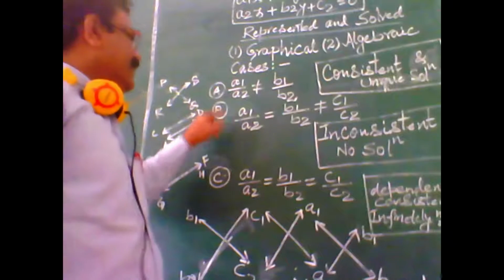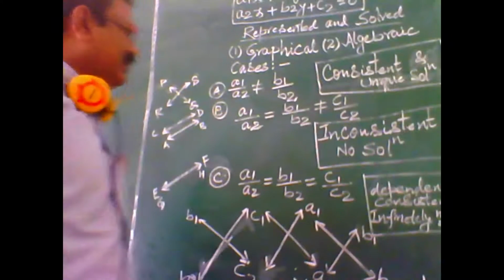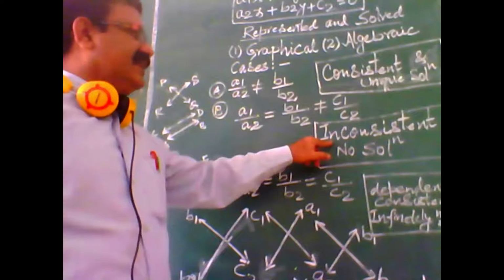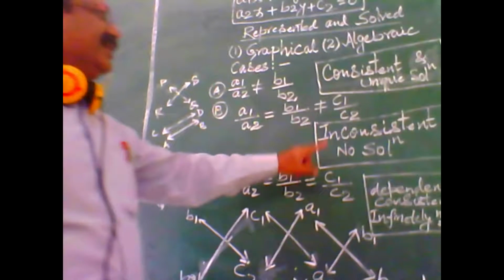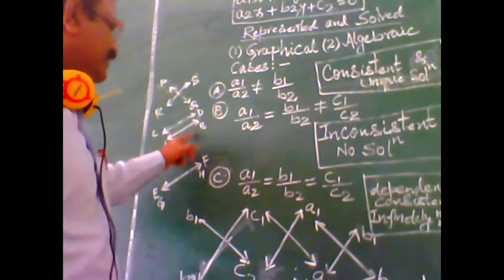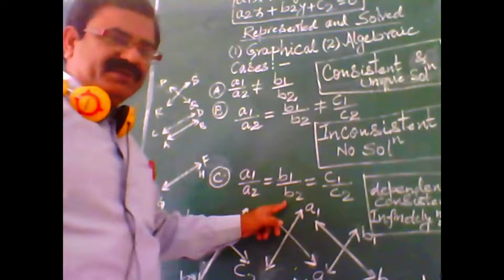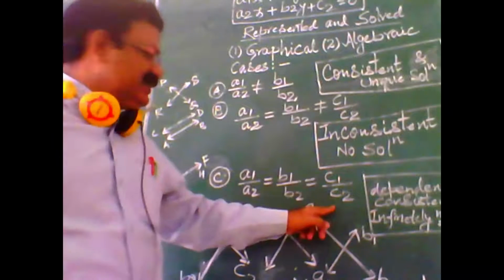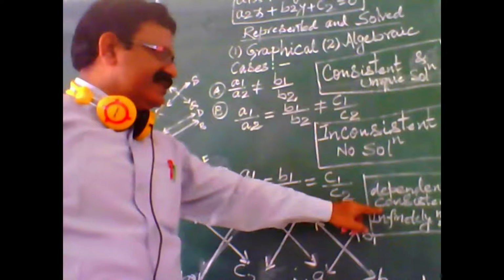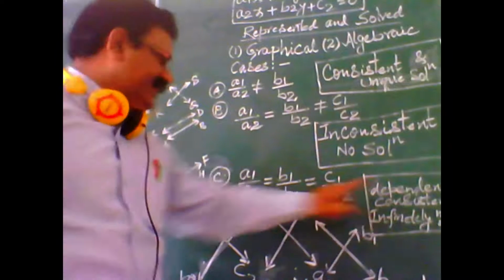The second case is if a1 by a2 is equal to b1 by b2 not equal to c1 by c2. In such conditions the system will be inconsistent and there will not be any solutions, and the graph lines will be parallel to each other. The third case is a1 by a2 is equal to b1 by b2 is equal to c1 by c2. In such cases the system will be dependent and consistent and infinitely many solutions can be obtained.